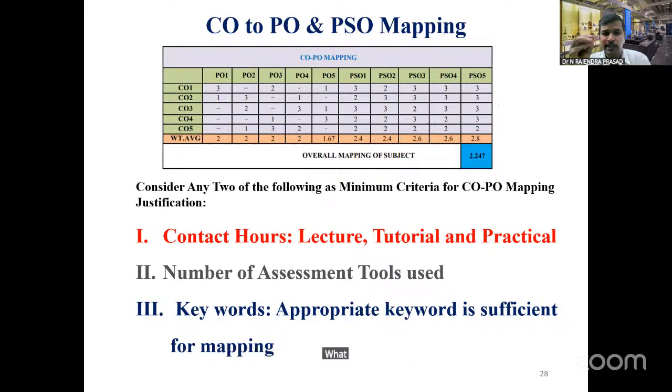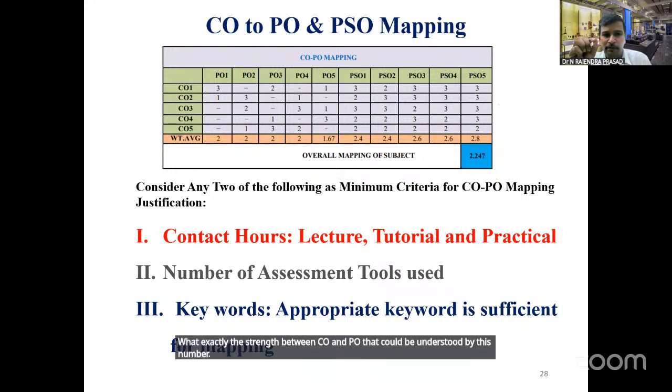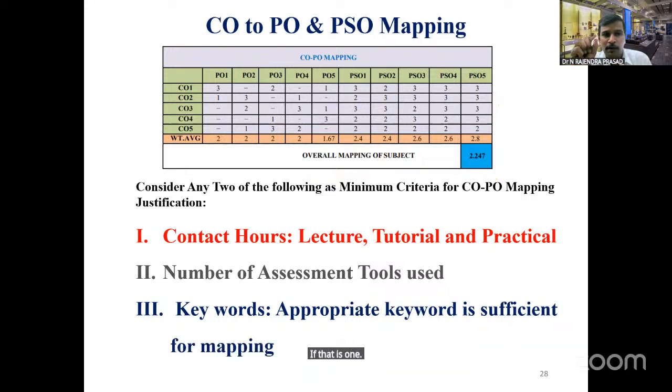If it is 1, the strength of mapping between CO and a particular PO is low. If the number is 2, the strength is medium. If it is 3, that is high.